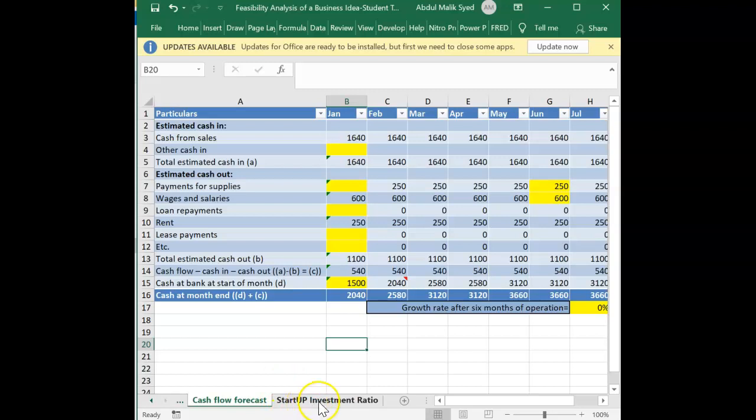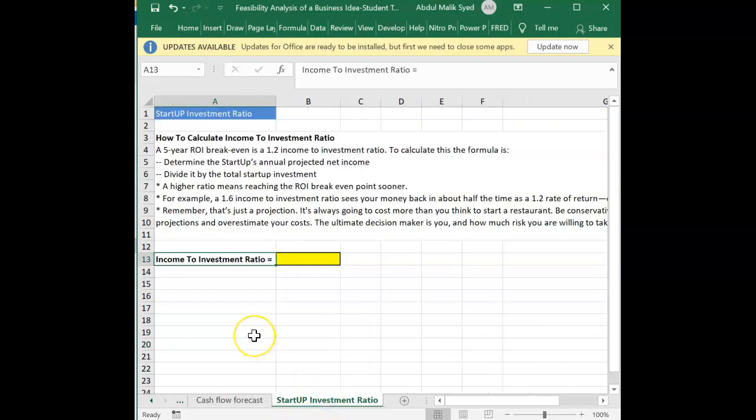We use what we call the startup income to investment ratio. So how to calculate the income to investment ratio? A 5-year ROI break-even is a 1.2 income to investment ratio. To calculate this, we have to determine the startup's annual projected net income that we have done, and then you divide it by the total startup investment.